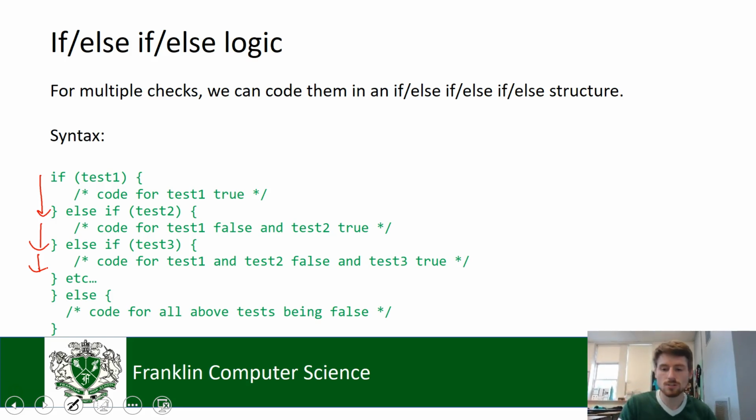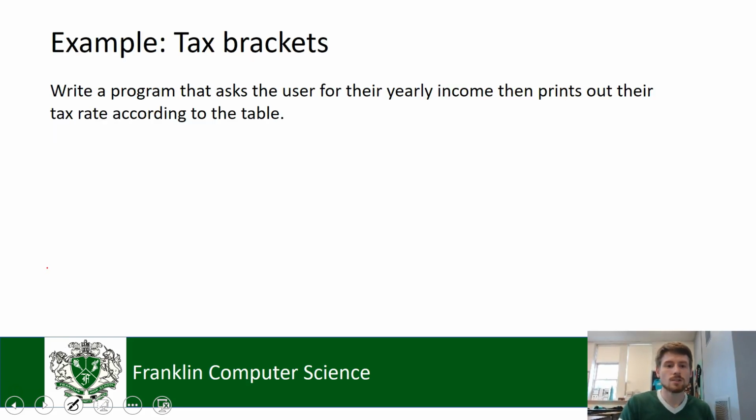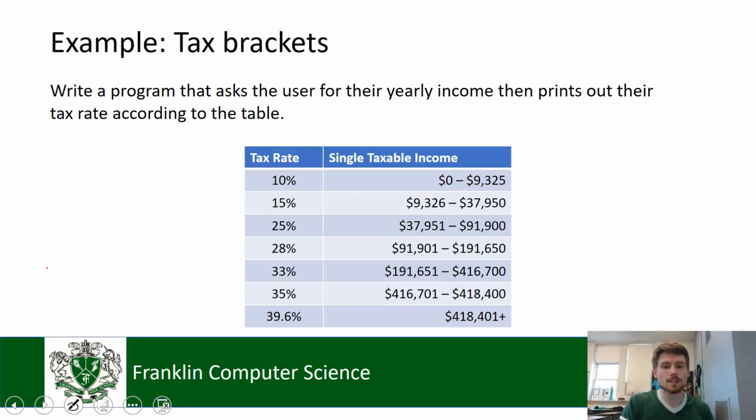Okay, so let's look at an example where we do this kind of logic. Let's write a program that asks the user for their yearly income and then prints out their tax rate according to this table. Based off of their yearly income over on the right, they have an associated tax rate, and we want to print that tax rate for each person.